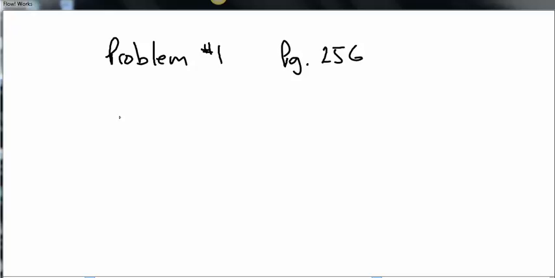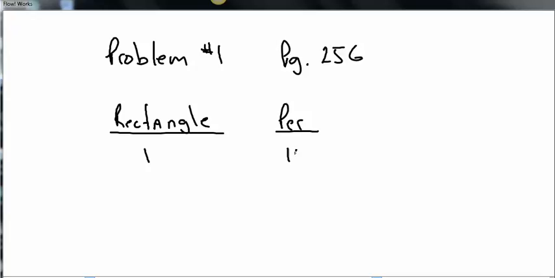All right, so one rectangle. Perimeter was what? 14. So an ordered pair would be input 1, output 14.